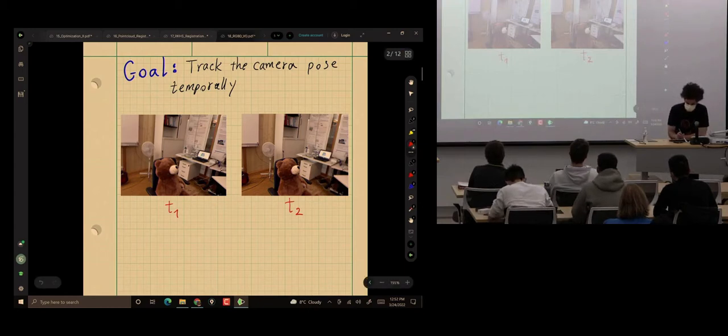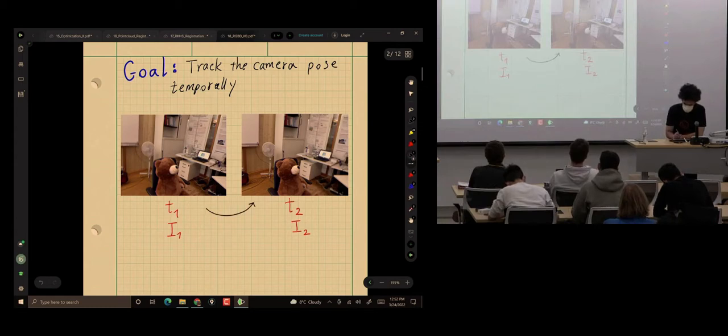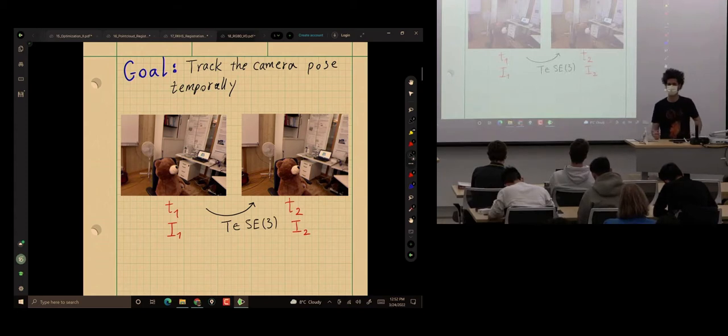You could call this image number 1, and maybe this is image number 2. Now, what I want to know is how the camera moved in 3D so that it observed the second image at time step t2.